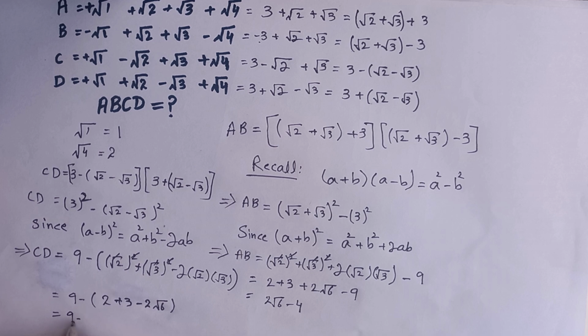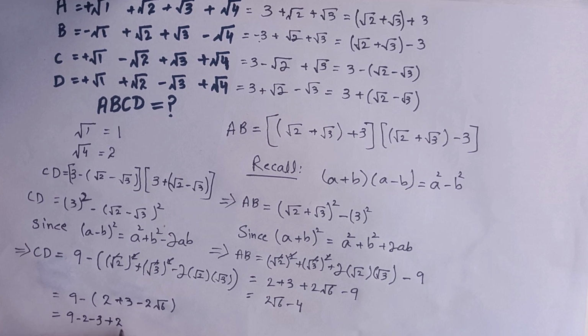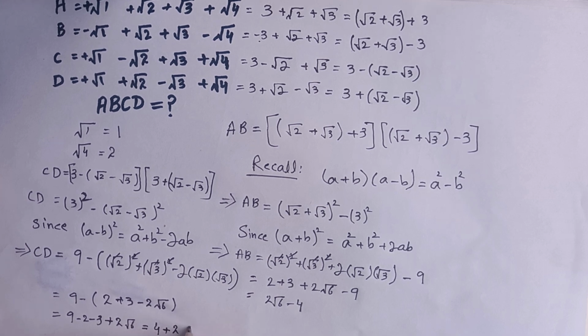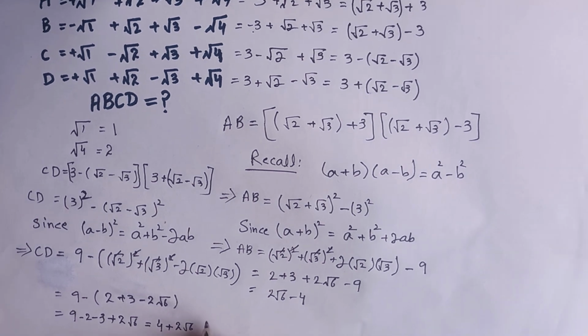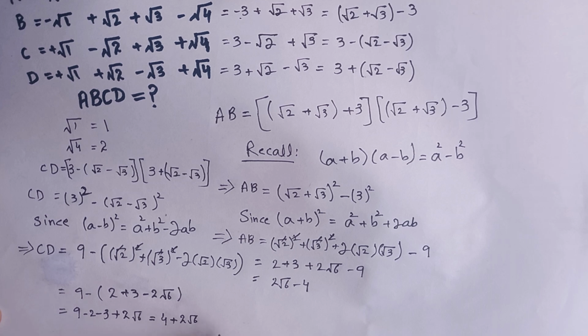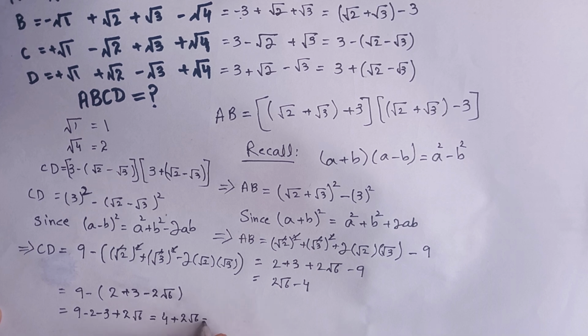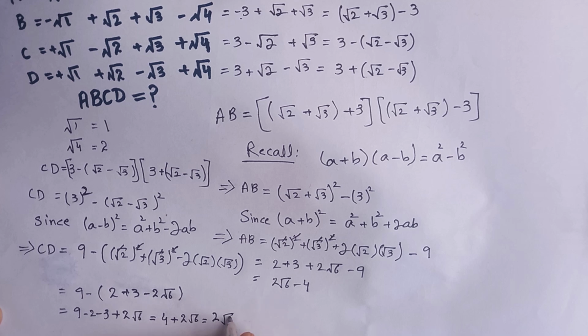So 9 minus 2 minus 3 plus 2 square root 6, which is equal to 4 plus 2 square root 6, which can be written as 2 square root 6 plus 4.